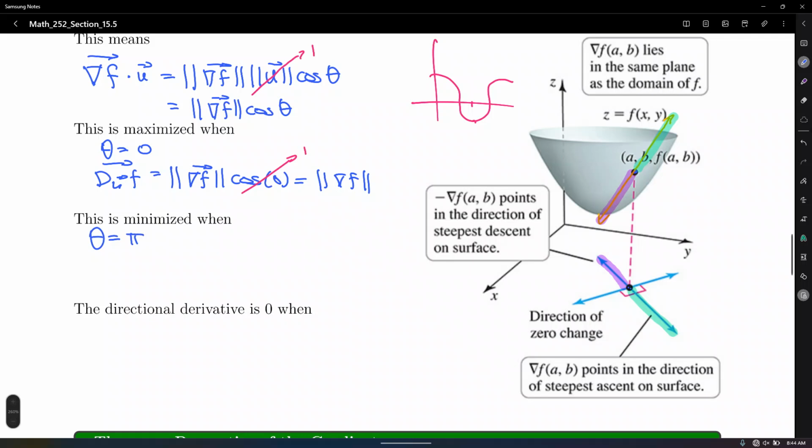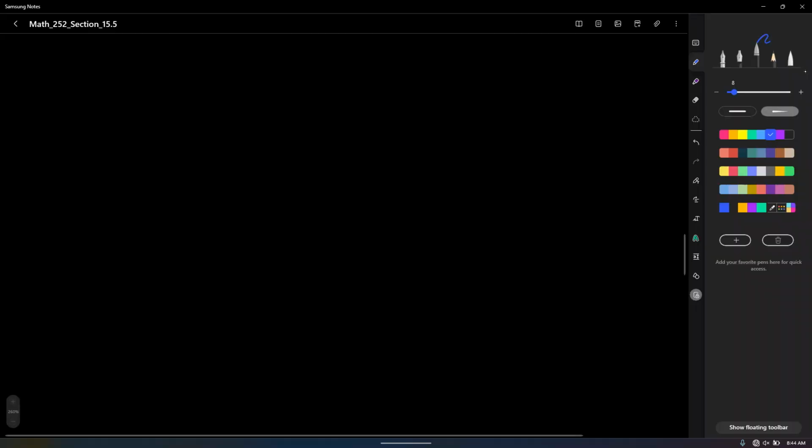That means, what is it going to be? Let's keep simplifying this. The directional derivative is the magnitude of nabla of f times cosine of pi. But what's cosine of pi?